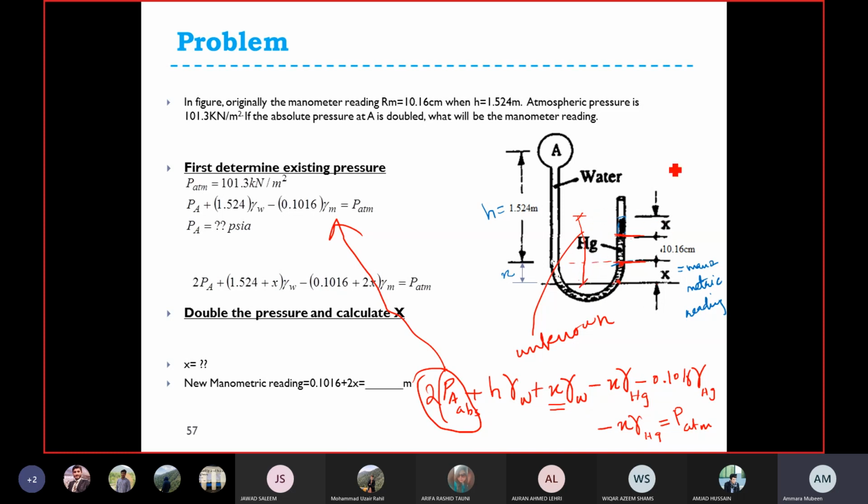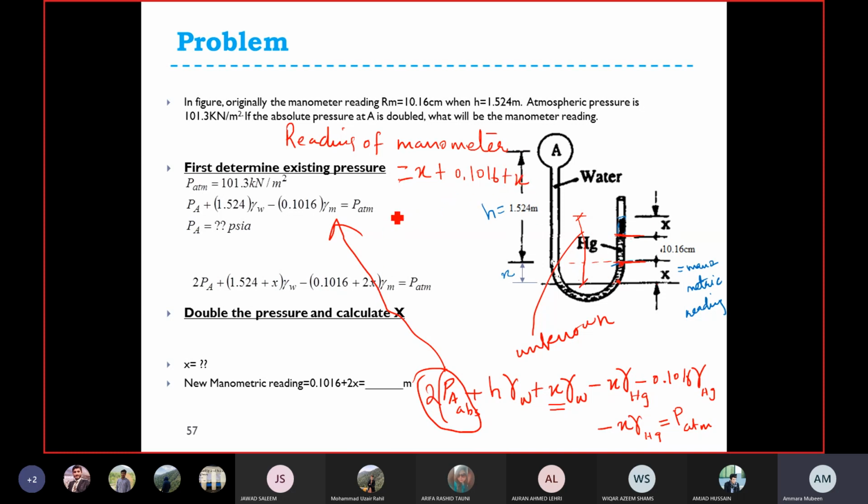The reading of the manometer is equal to x plus 0.1016 plus x.